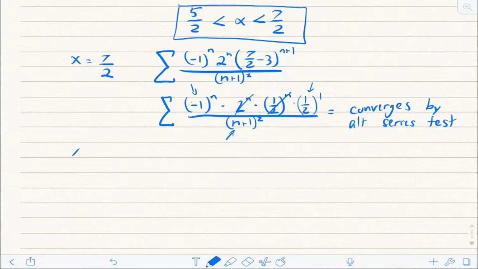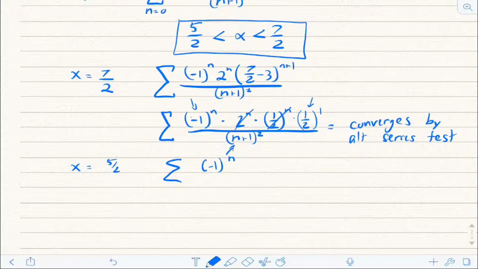And then the last one to test, x is equal to 5/2. Sigma (-1)^n 2^n (5/2 - 3)^(n+1) over (n+1) to the second power.